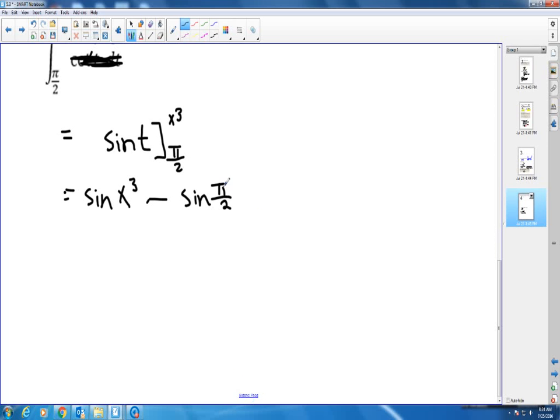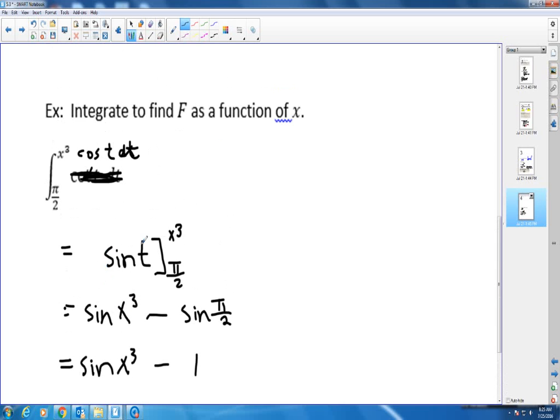Pi over 2 is 90 degrees, so sine of 90 degrees is 1. So this is going to be sine of x to the third minus 1. So this is the antiderivative.